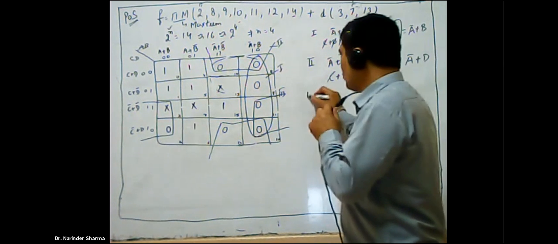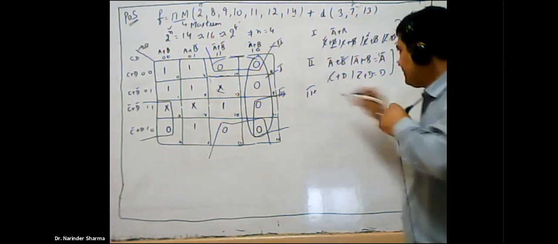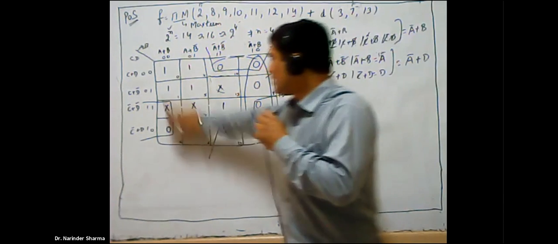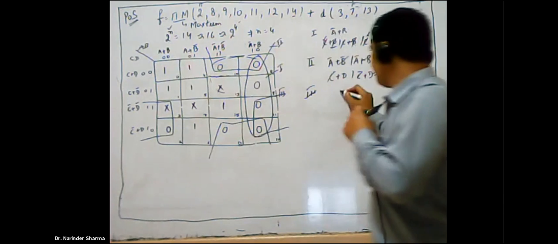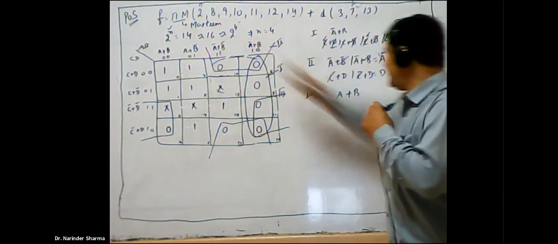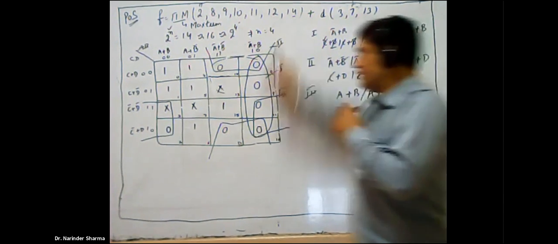Now for the third group, this is the third one. Here you will get A plus B on this side, and A bar plus B on this side.